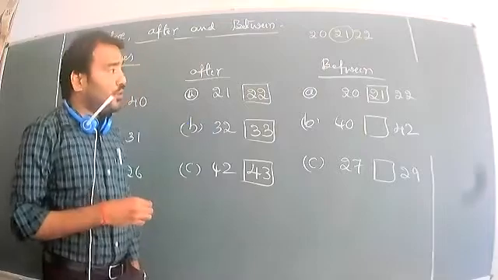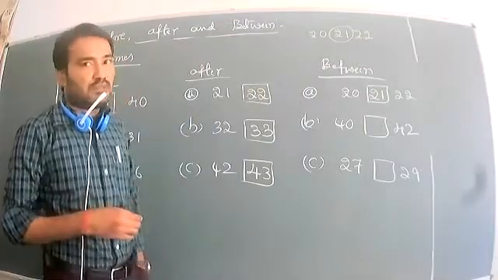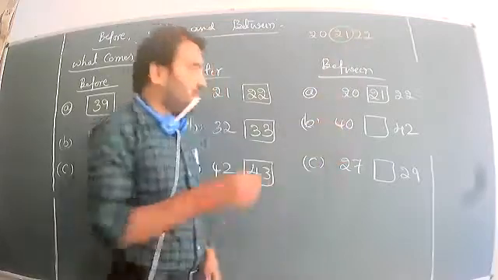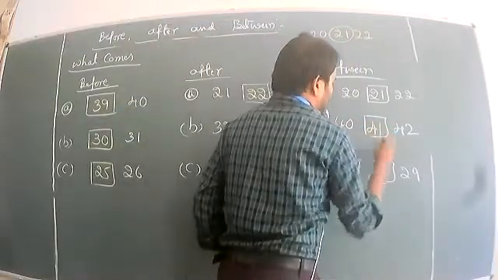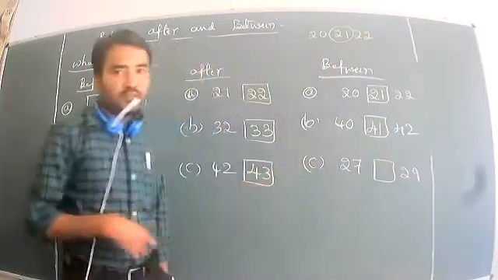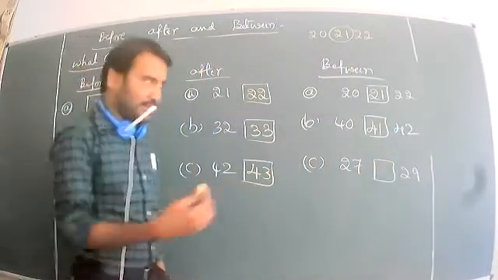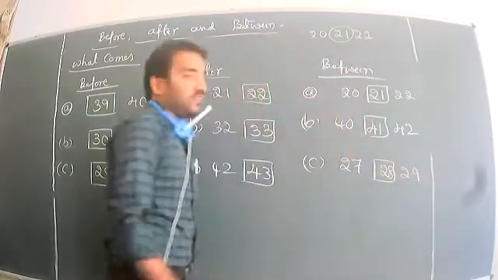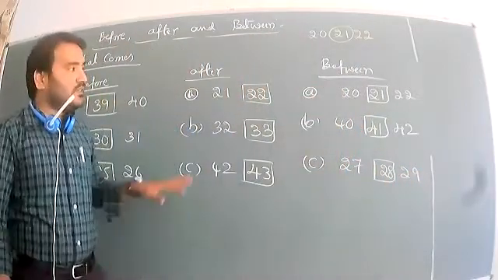Next, 40, then 41, after 40 is 41. Next, 27 after that is 28. This is the between number of 27 and 29. Okay, we can find it.